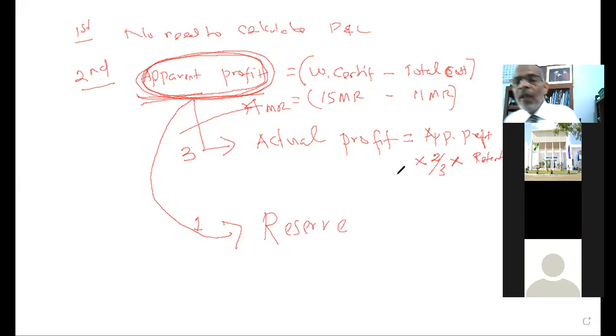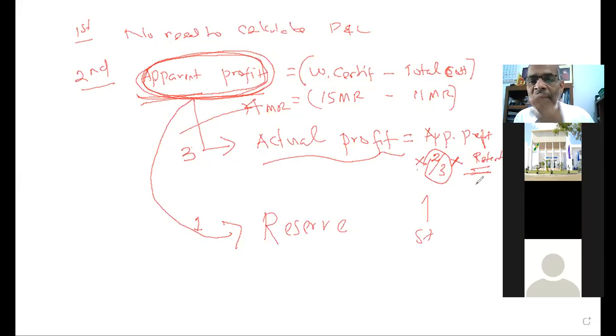But our contract says I am not going to pay the entire 15 million. I will keep 10% of that. Whatever amount is kept by me is called retention money. Therefore, the actual profit will be apparent profit multiplied by 2/3, that is the standard, multiplied by the cash received. If I am giving 15 million, no problem. If I retain 3 million, then 12 million over 50 million is the percentage to be calculated to find the actual profit from the apparent profit.